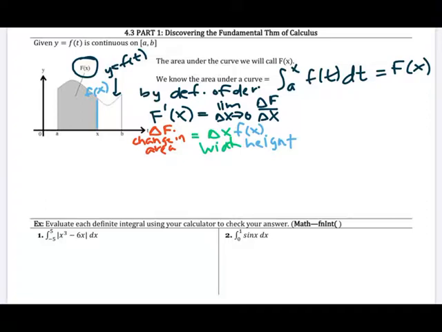Let's solve that equation for f of x. I would just divide both sides by delta x in order to isolate little f of x, so f of x would be equal to delta F over delta x.